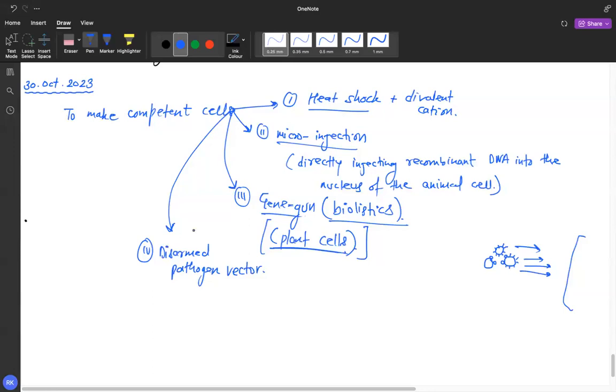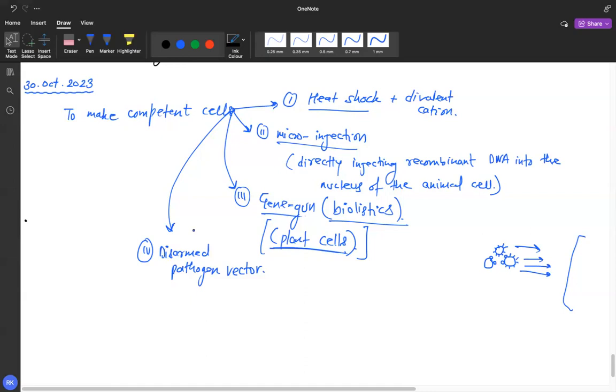Okay, but you have to be sure here that the pathogen is disarmed, which means it won't cause any infection or disease inside the cell, but will also transfer our DNA that we want it to transfer. We also have to make sure that the pathogen is not killed.